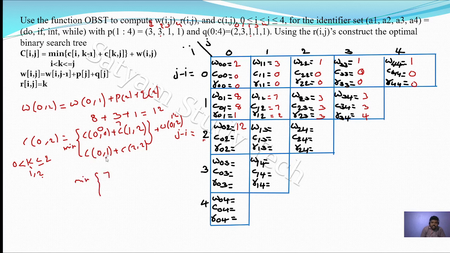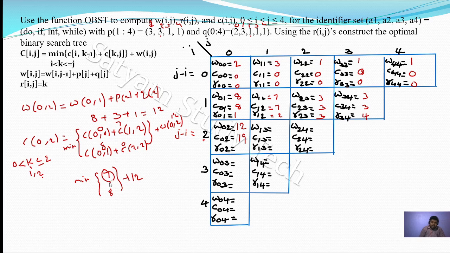And c of 0 1 value is 8, c of 2 2 value is 0, so here it is 8. Which is minimum? 7 is the minimum, you can add 12, so c of 0 2 value is 19.